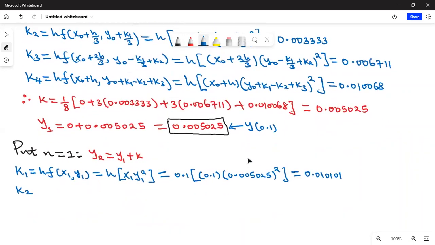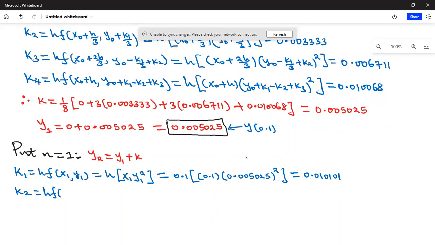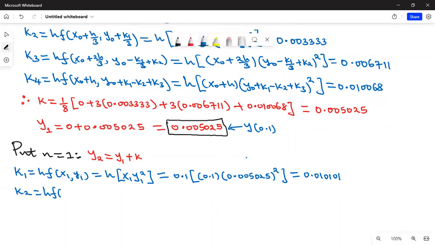So our k2 in this case will be equal to h f of x1, what are we adding? h over 3, y1 plus k1 over 3.